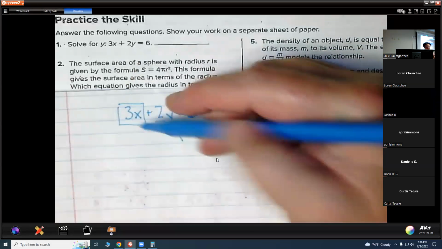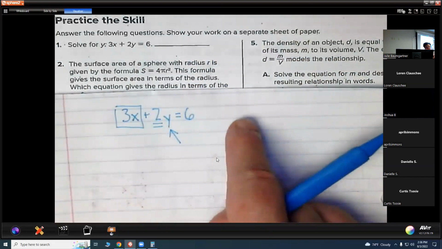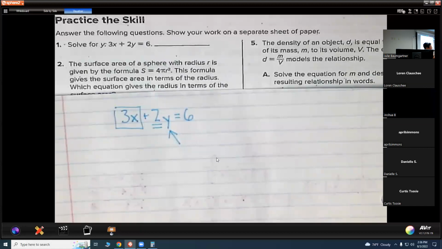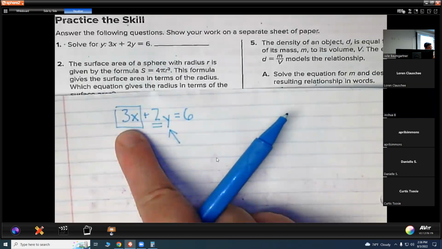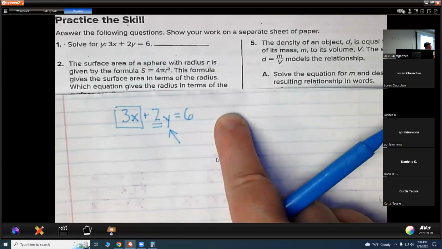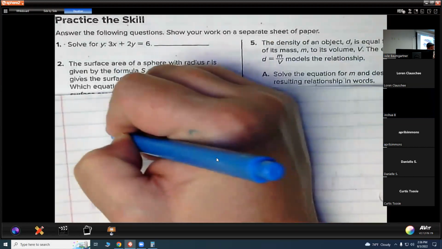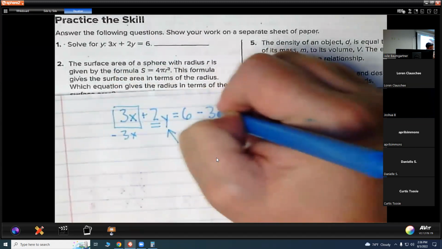Okay, so how do I get my plus 3x, how do I move it over? I need to move the 3 and the x all the way over here. So I'm just going to subtract 3x from both sides.